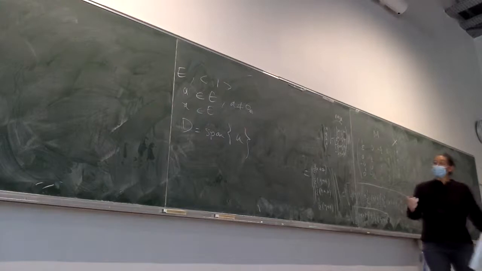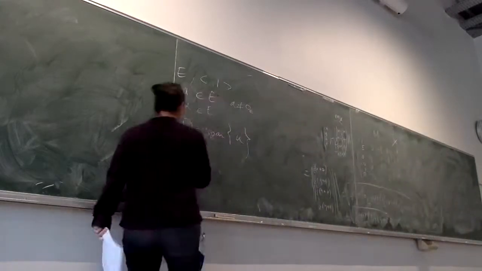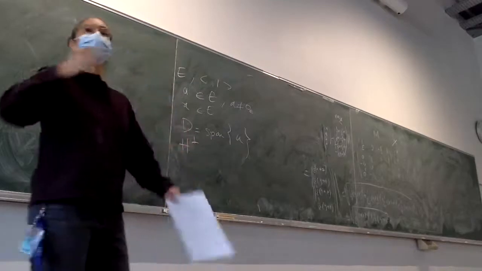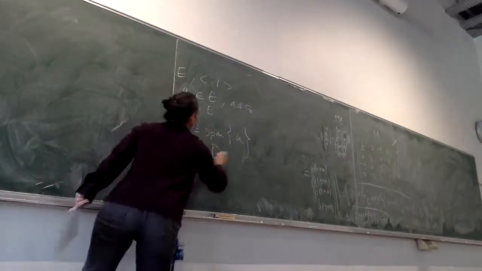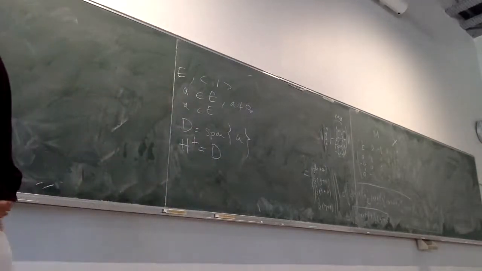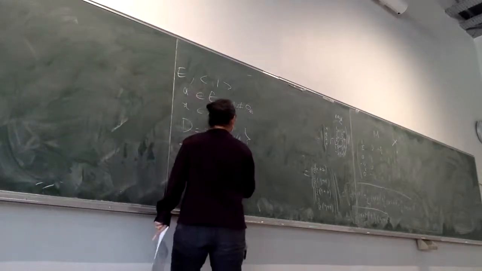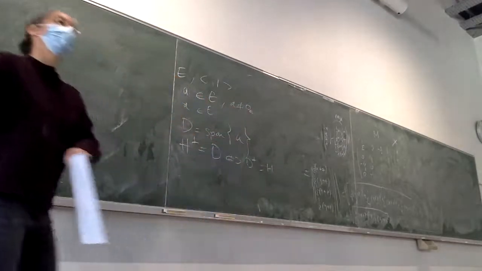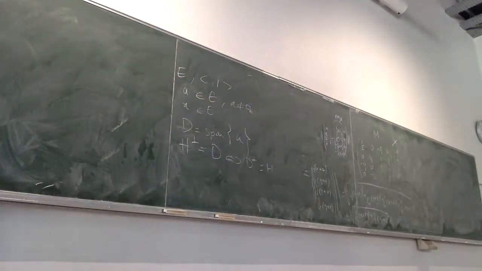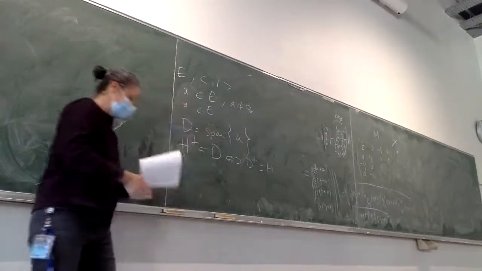And you've got your orthogonal complement to D, which we call H. Remember, the orthogonal of the orthogonal complement is going to be the space itself, right? So we can write it either way.